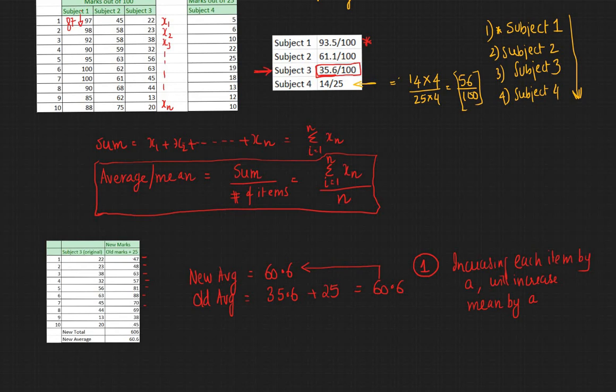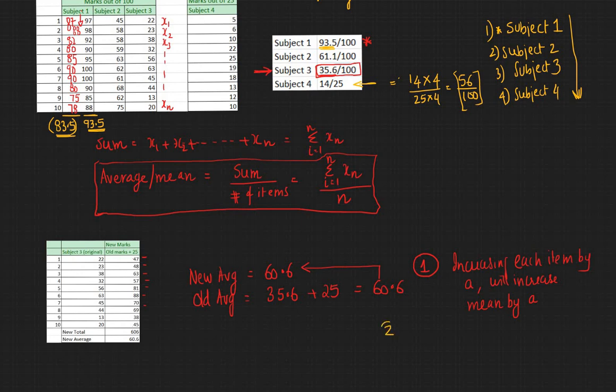So that means 97 becomes 87, 98 becomes 88, 92 becomes 82, and so on. You guessed it right. The average would be 93.5 minus 10, which is 83.5, because 93.5 was the original average. Since you subtracted each item by 10, your new average will also go down by 10.